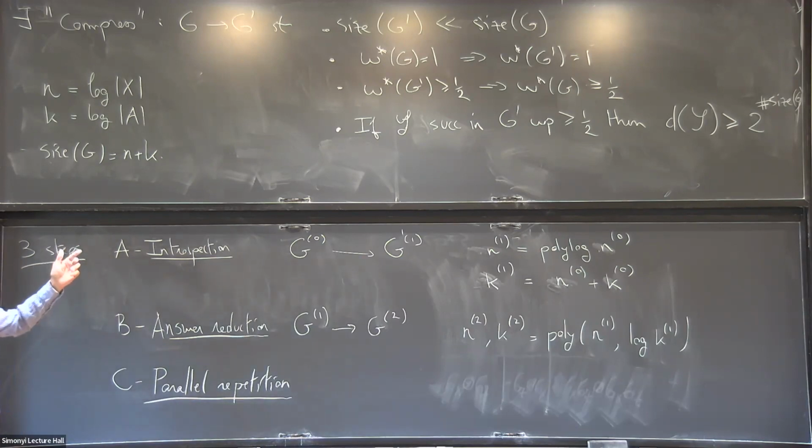And if you think about the magic square game, a sub goal of that procedure will be to design games whose size remains constant, but such that the complexity of strategies that succeed with probability 1 in the game increases and increases and increases.